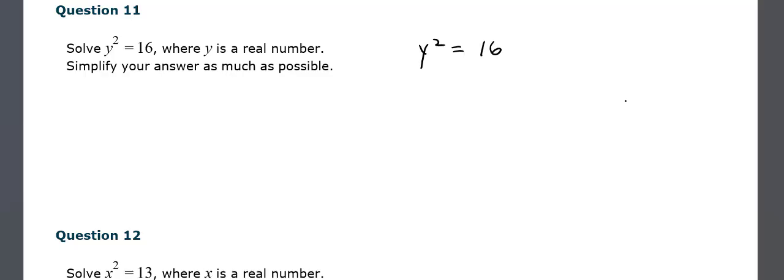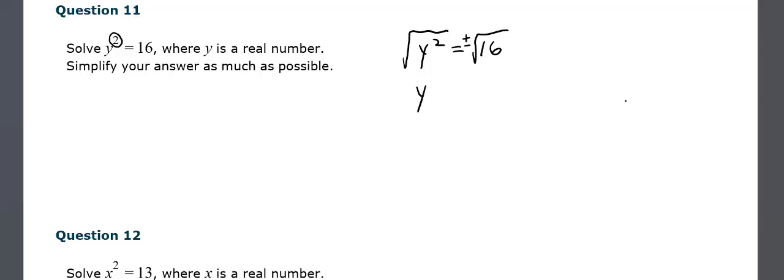It says solve y squared equals 16, where y is a real number. So in order to isolate, we would move everything on to the other side except for y, and that's the case already. So next we're going to take the square root. Now when we take the square root, it's going to be the positive or negative square root. The degree, which is 2, tells us how many solutions we can have.